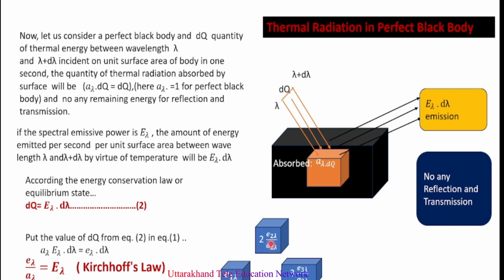Now, if all bodies are placed with a perfect black body, whose emissivity is E_λ, and all the bodies are at the same temperature T, then according to Kirchhoff's law the ratio of emissivity and absorptivity of body 1 is equal to that of body 2, equal to that of body 3, and equal to that of body 4, and all are equal to the emissivity of the perfect black body, because there A_λ is 1, so we get only E_λ.